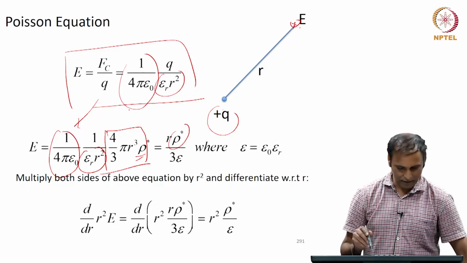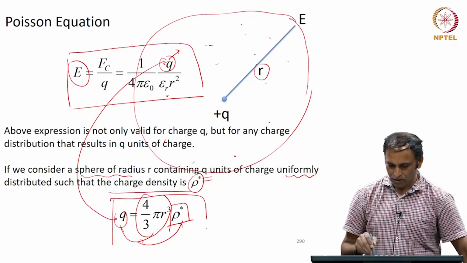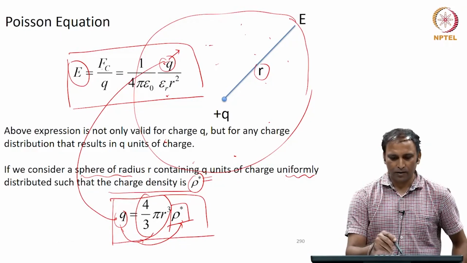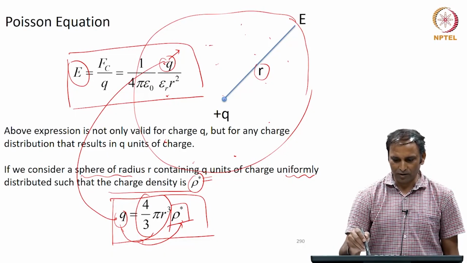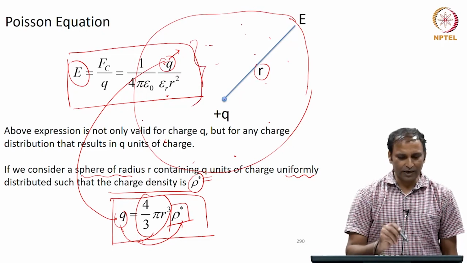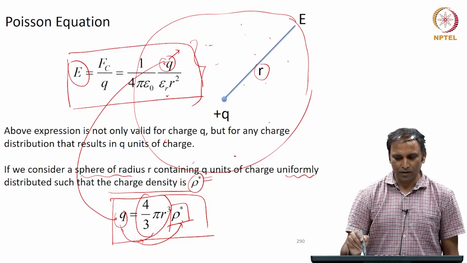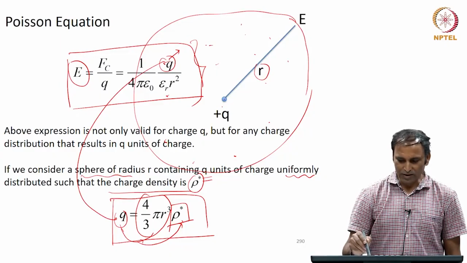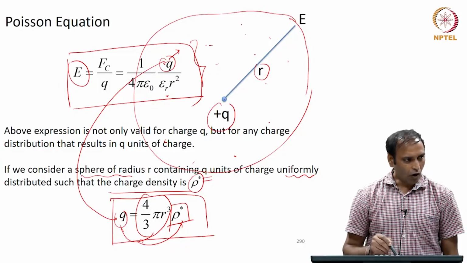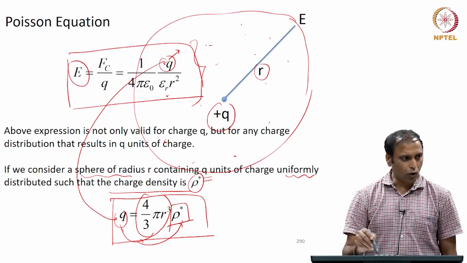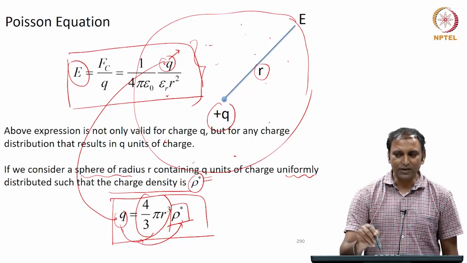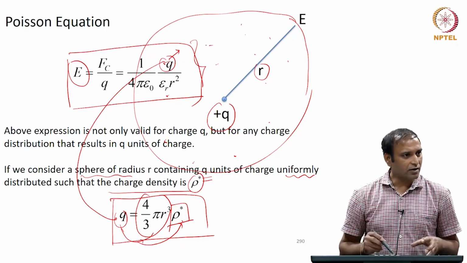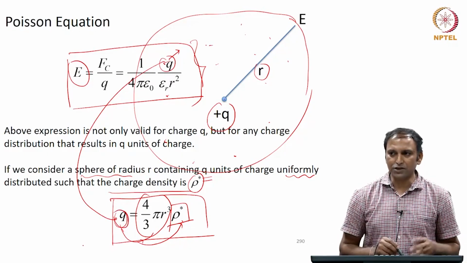So, we had done this here. I mentioned that this expression gives you the electric field generated because of the point charge which has a charge plus q, or the same expression would also hold good if I replace the point charge by a certain distribution of charge such that the overall charge is q.